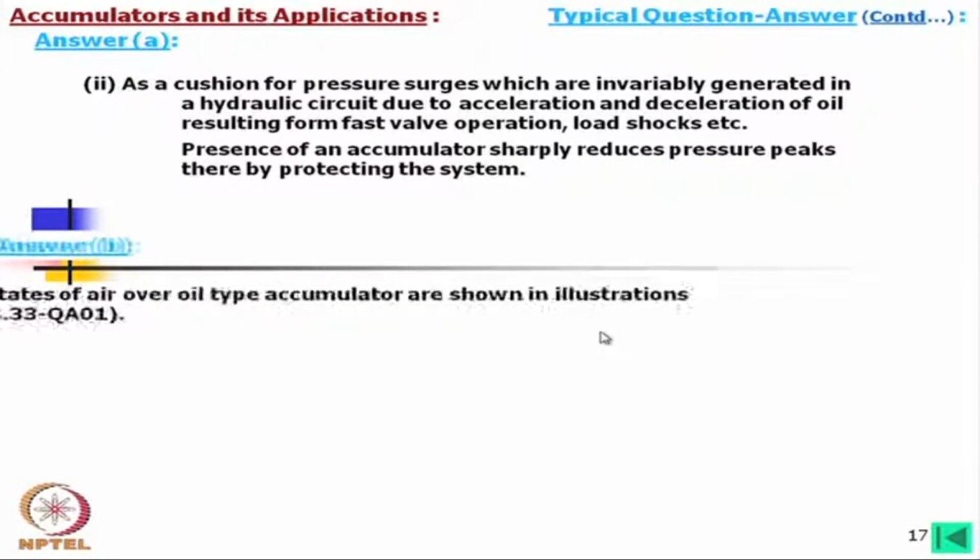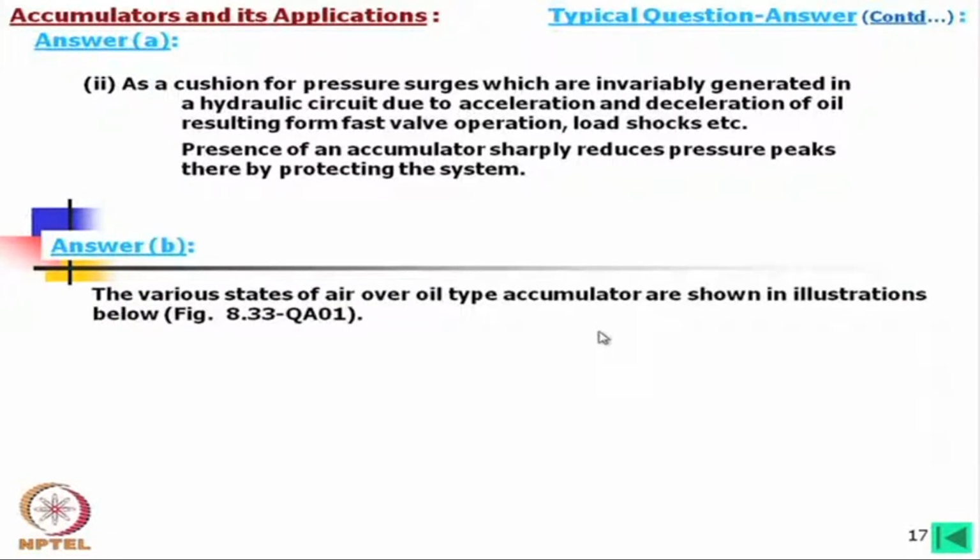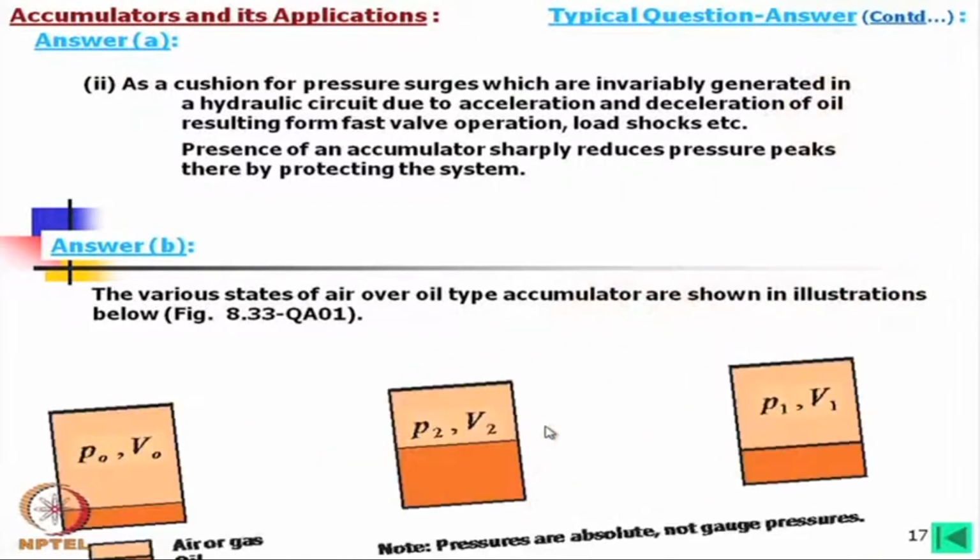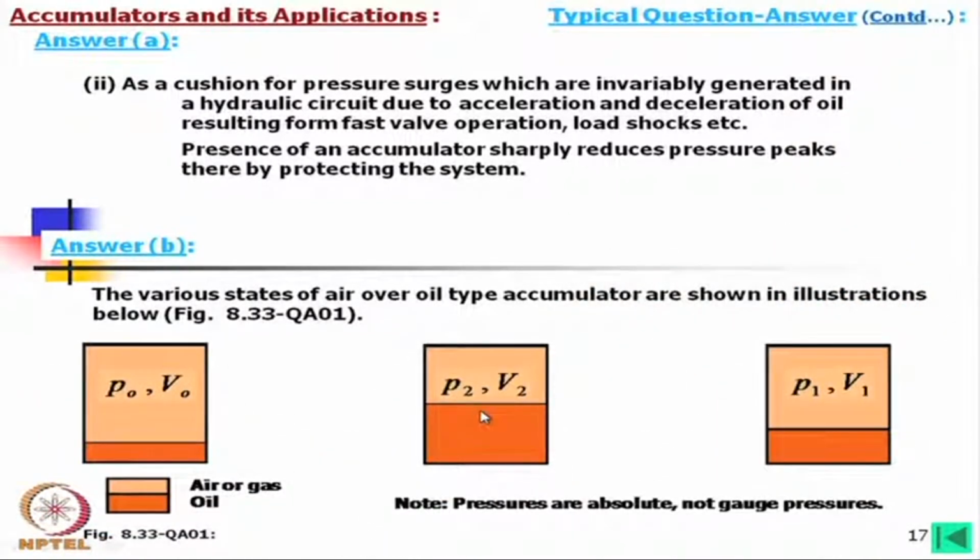Next comes part B, where for the air over oil accumulator we have to express how they function. Now, in this case, this is a simple diagram. You can use such color to mention.